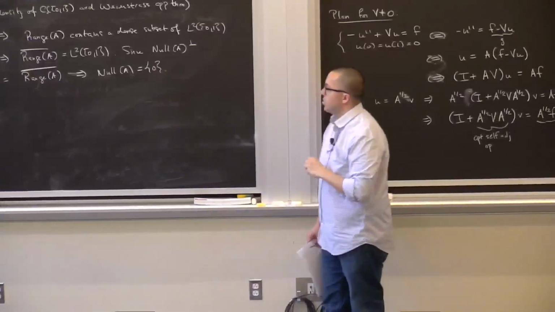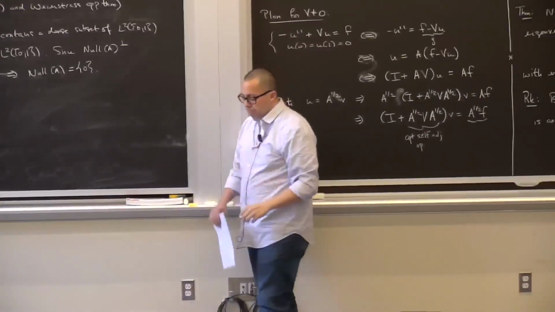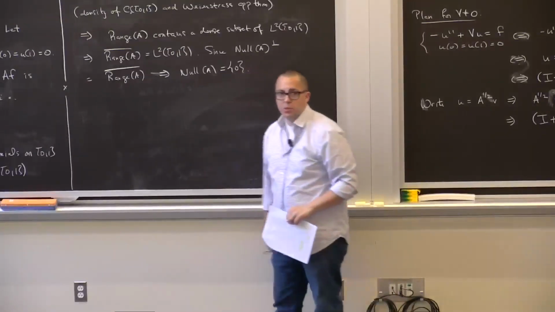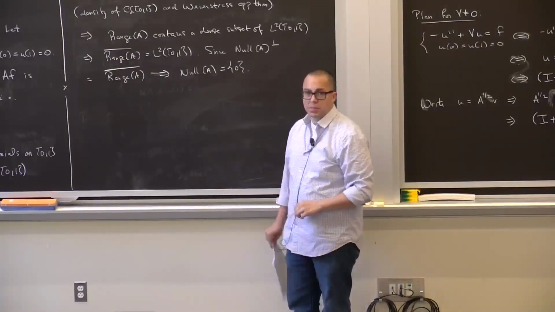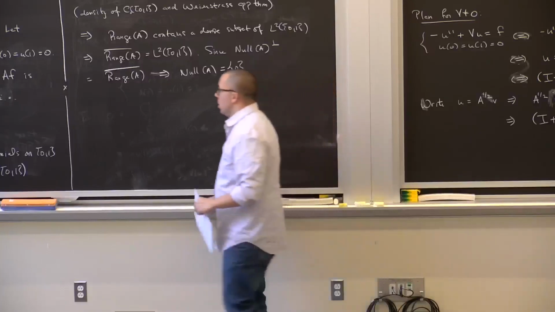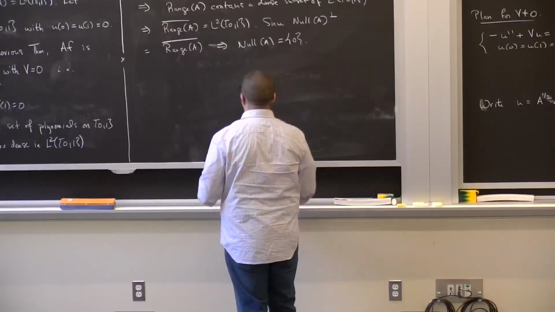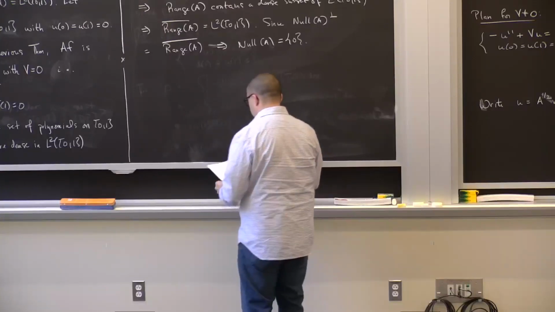Okay? So A has no null space. So, as I said, by the spectral theorem, an orthonormal basis for L2 of 0, 1 is given by the eigenvectors of A. And so now we'll prove the eigenvectors are given by this form. Now I'll just give you a brief sketch of this.